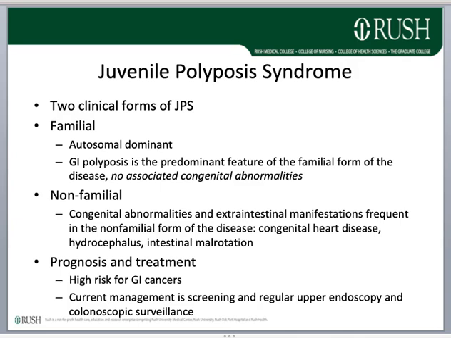There's a high risk for the development of GI cancers which may or may not be associated with the juvenile polyps, so current management involves screening, including regular endoscopy and colonoscopic surveillance.